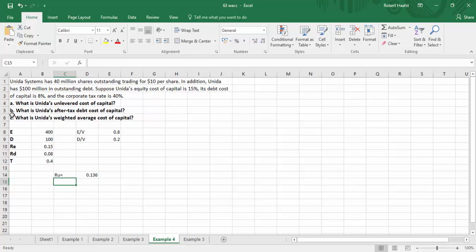So, the after-tax debt cost of capital is nothing less than to include the specific tax shield. So we have our cost of debt times the tax shield, 1 minus 40%, which is 4.8%.